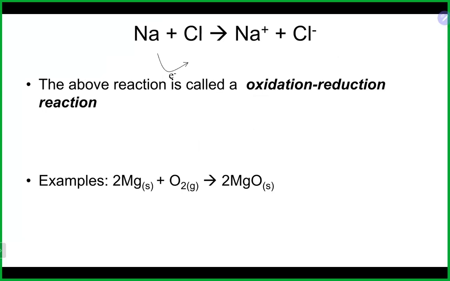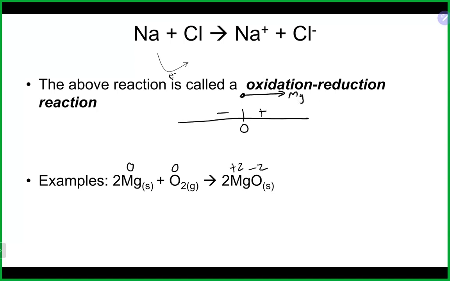Same thing here. If we look at magnesium and oxygen, magnesium by itself is 0. Oxygen by itself, O2, is 0. When magnesium and oxygen come together, magnesium has a charge. What is magnesium's charge? +2. Oxygen is group 6, which is -2. So again, if we look at our number line in this case, magnesium is starting at 0 and ending at +2, right?